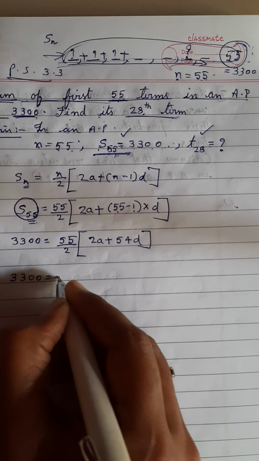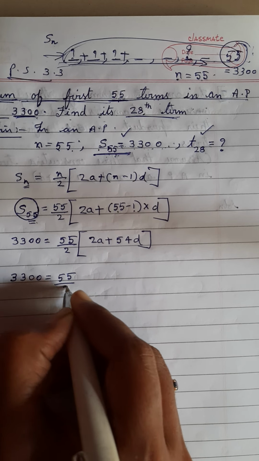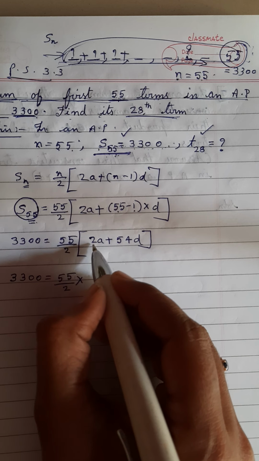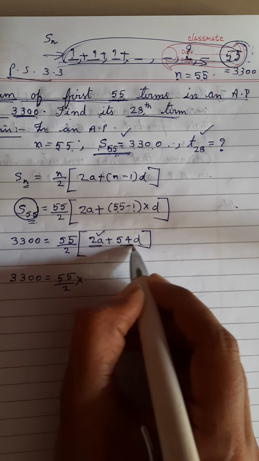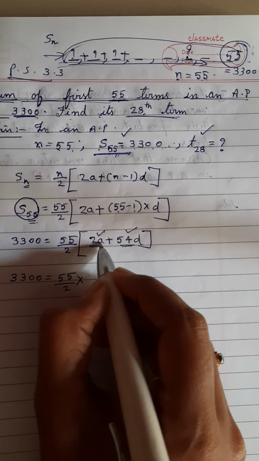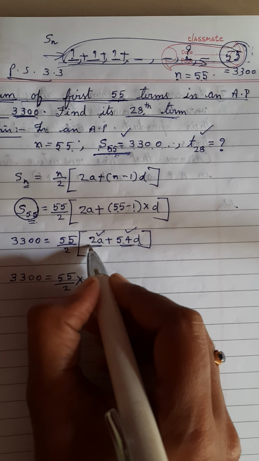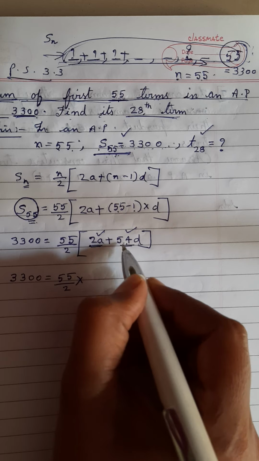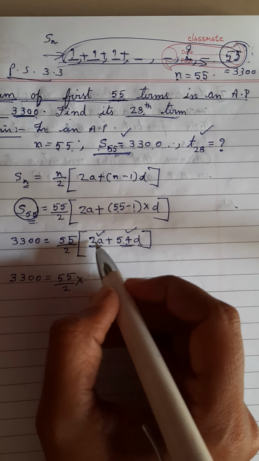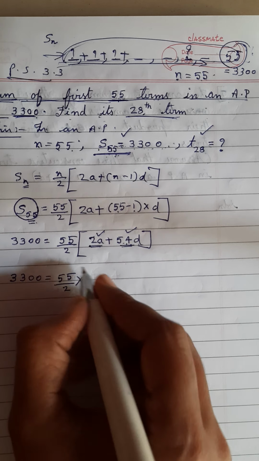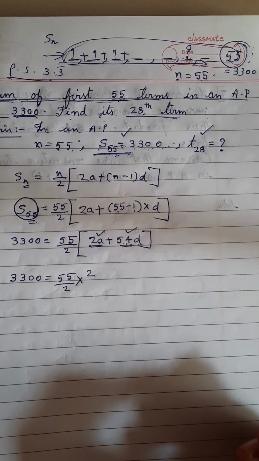In the next step, 3300 is equal to 55 by 2 into, inside the bracket, the first term 2a and the second term 54d. A and d are variables, but 2 and 54 are divisible by the same number, 2, so we take 2 out of the bracket.